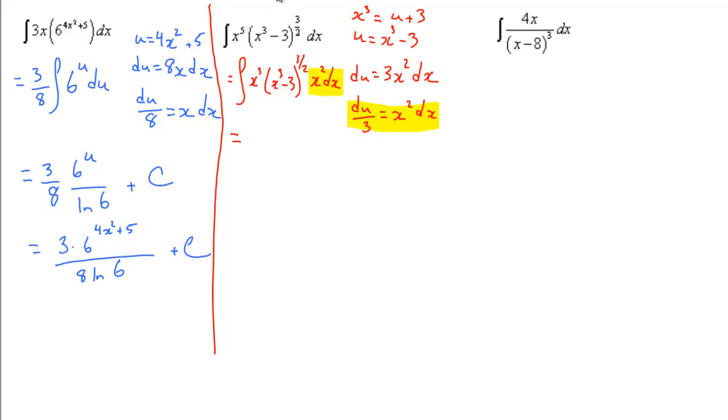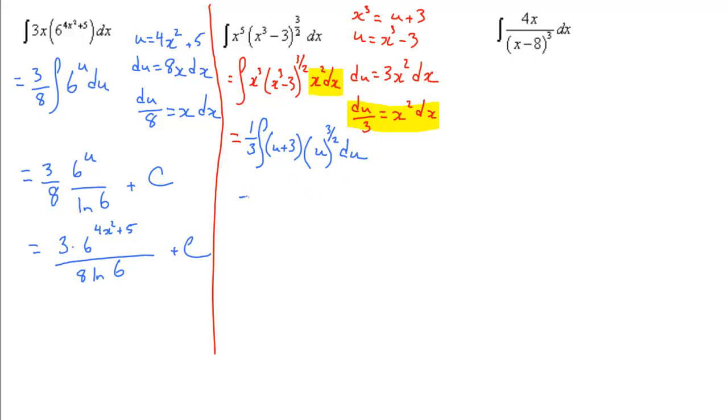And what we get then is 1 over 3 times the integral of u plus 3. That's our x cubed. x cubed minus 3 is u to the power of 3 over 2. x squared dx is du over 3. The over 3 is out here, so that's just du.